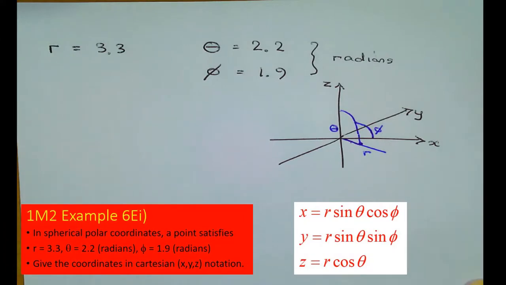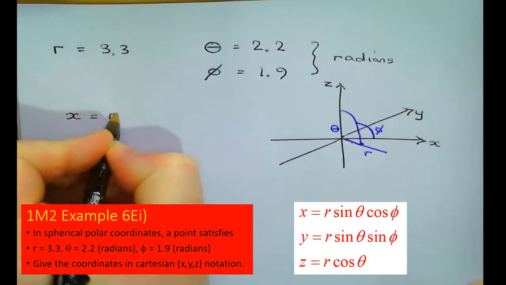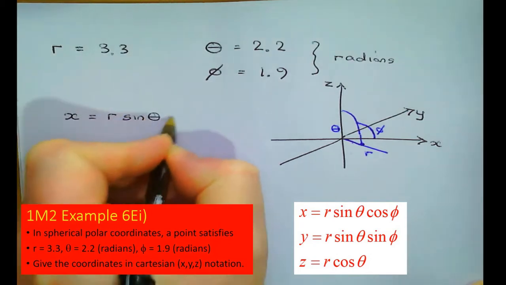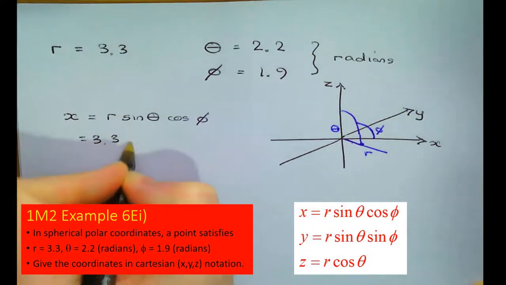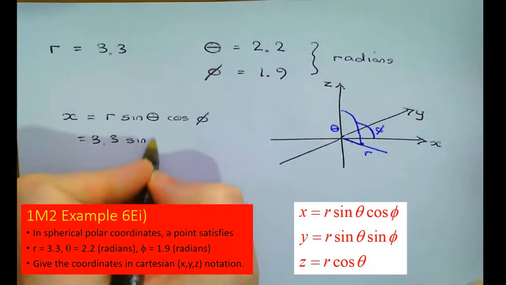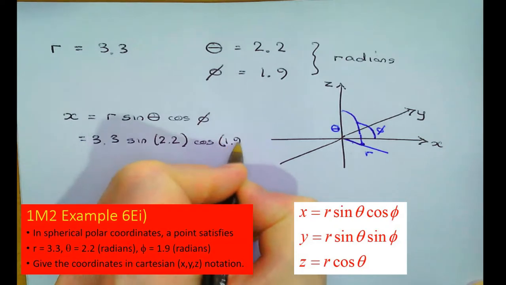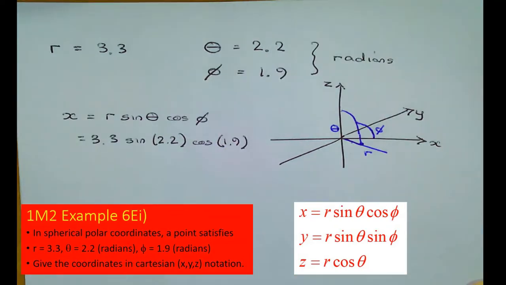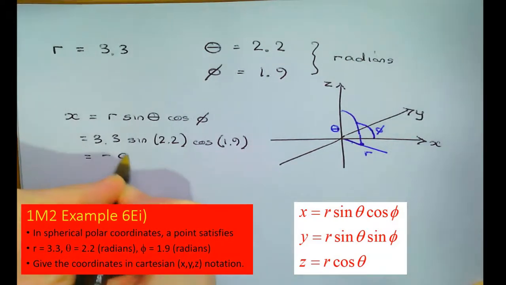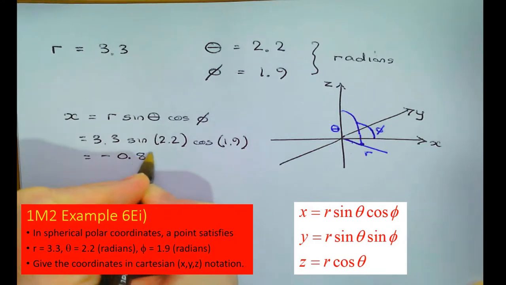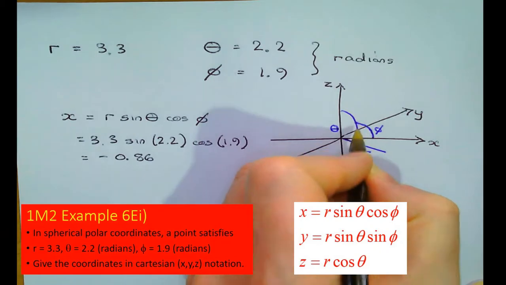Then of course we can use the formulae that we have. X is equal to r sine theta cos phi. So 3.3 times the sine of 2.2 times the cos of 1.9. We put the numbers in, we get minus 0.86, because remember, we've gone round a little bit past the y-axis here.